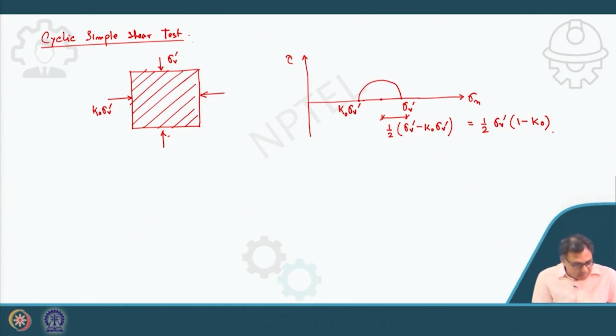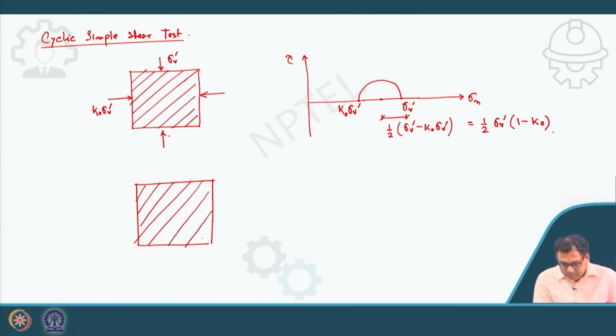So this is my initial condition, the at rest condition, which is same as the field. Now the same soil element, the loading or the shearing will be applied. So this is sigma V dash, this one K0 sigma V dash.